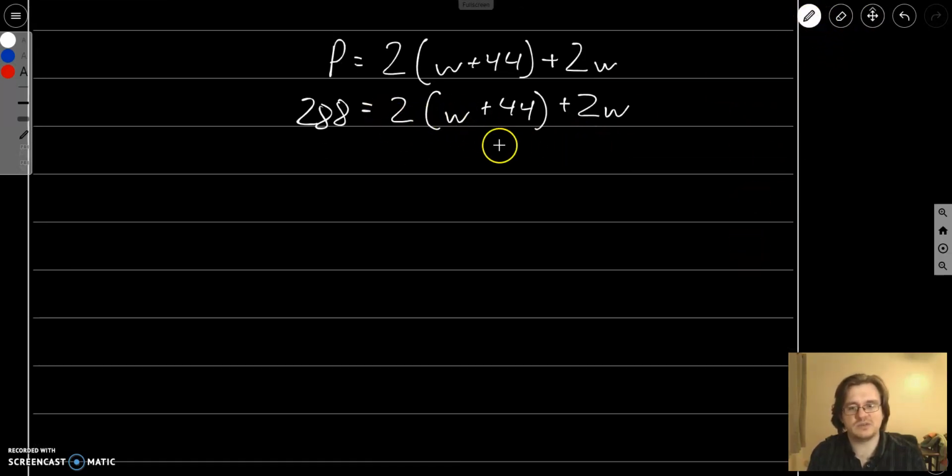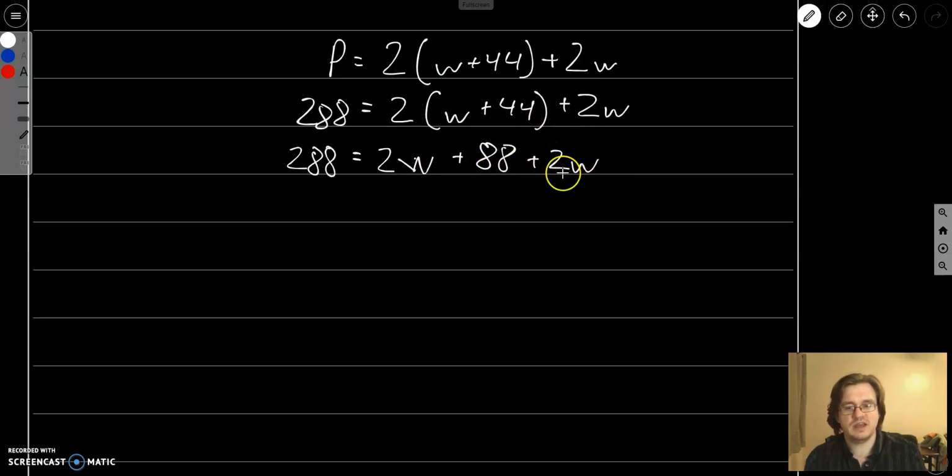We can now distribute and solve for the width. The left-hand side can't be simplified. The right-hand side I can distribute: 2W plus 88 plus the last 2W. I can combine like terms. 2W and 2W will be 4W plus 88.